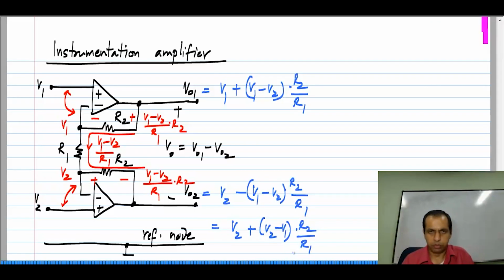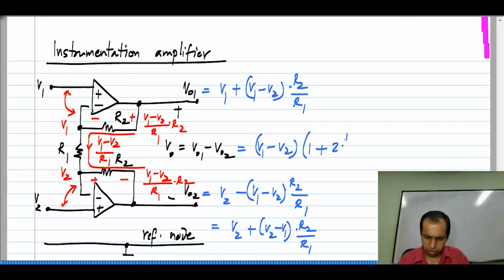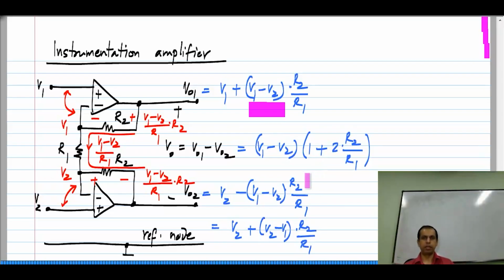Now, what is special about this? I can also compute VO1 minus VO2. You can see that it is (V1 minus V2) times (1 plus 2 times R2 by R1). So, we have V1 minus V2, and we have (V1 minus V2) times R2 by R1 twice. So, we get 2 times R2 by R1.